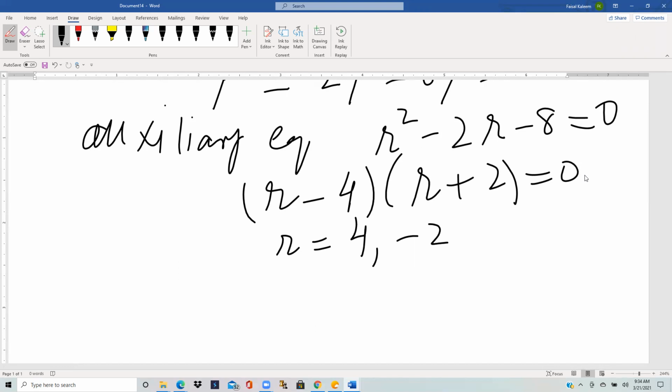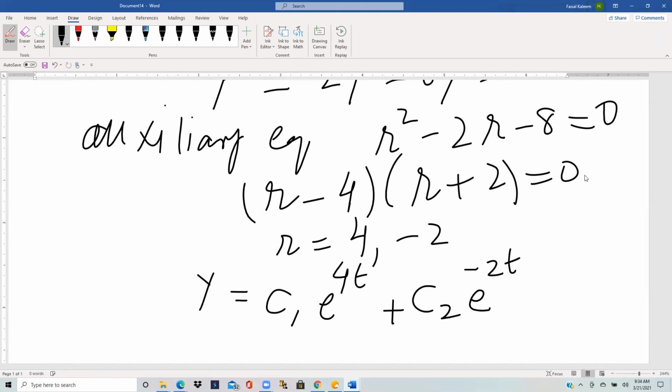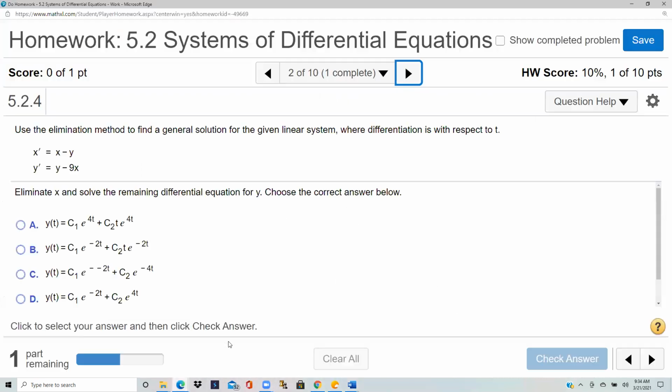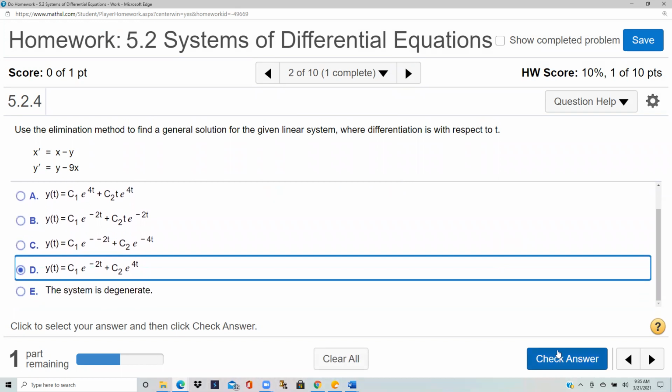And the general solution is y is equal to c1 e to the 4t plus c2 e to the minus 2t. So this is the same thing, e to the 4t and e to the minus 2t, they have the constants switched around, so it doesn't matter which constant you put with which one.